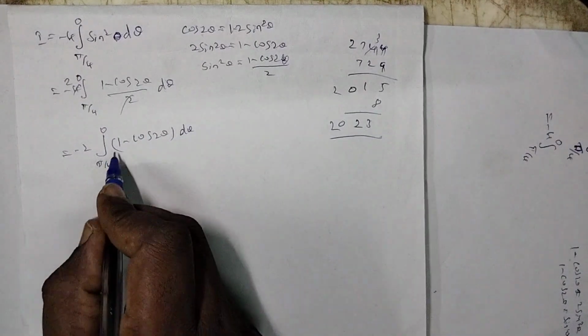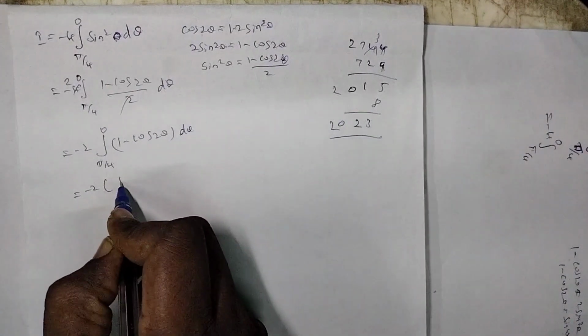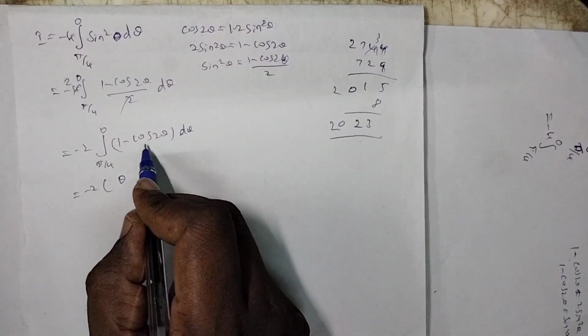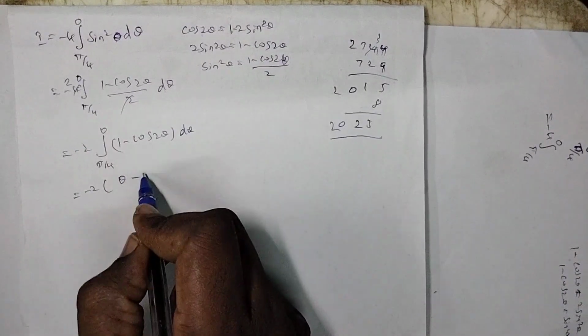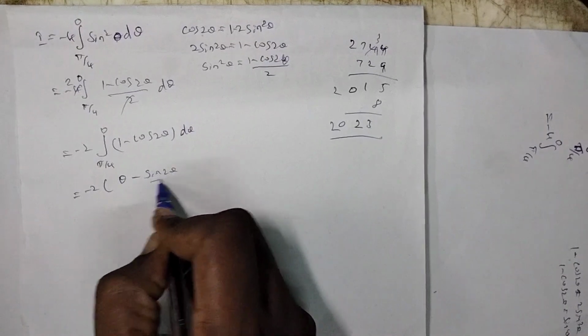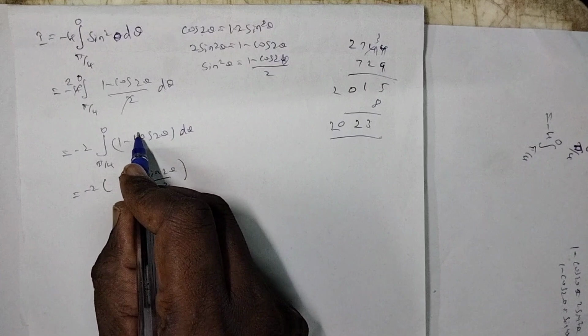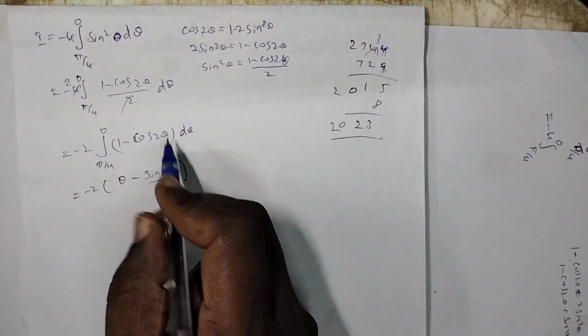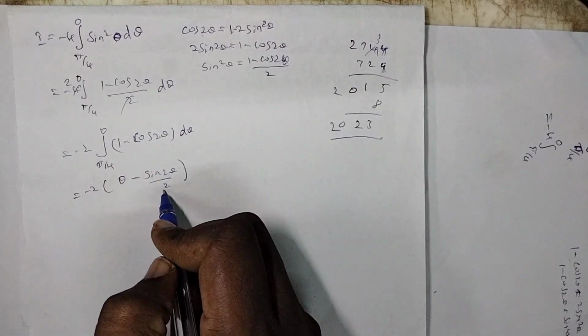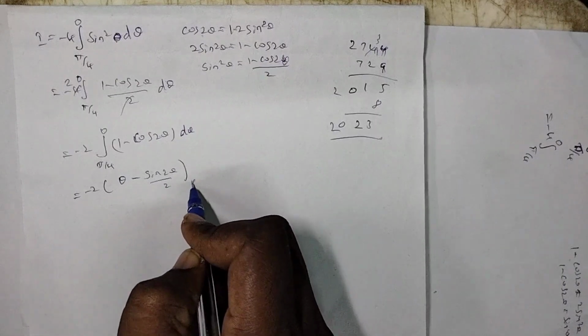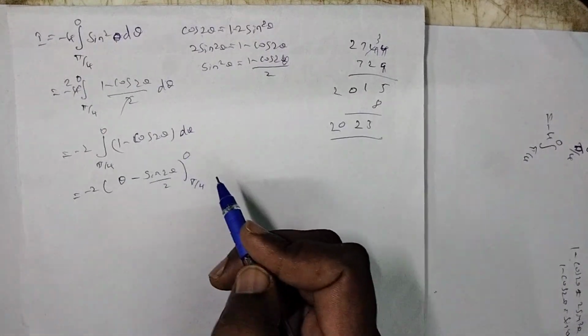Now the integral of 1 is theta, then the integral of minus cos 2 theta is minus sin 2 theta by 2, with the coefficient of the variable written in the denominator. The lower limit is pi by 4 and the upper limit is 0.